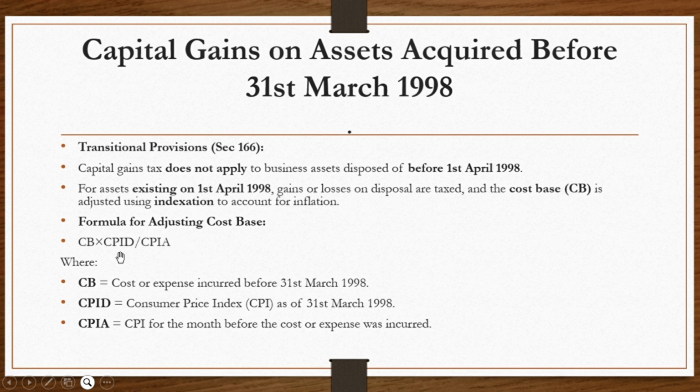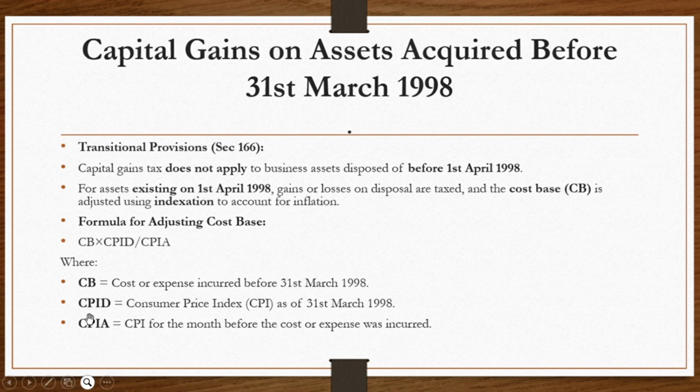CPIA. Where CB is the cost or the expense incurred before 31st March 1998. So CB is the original cost, or the cost base, that was incurred to buy the asset before 31st March 1998.